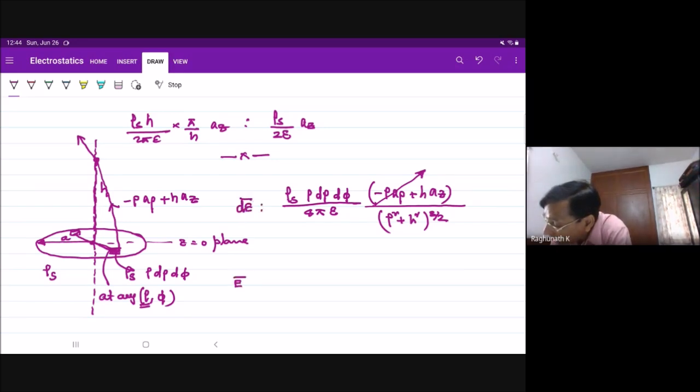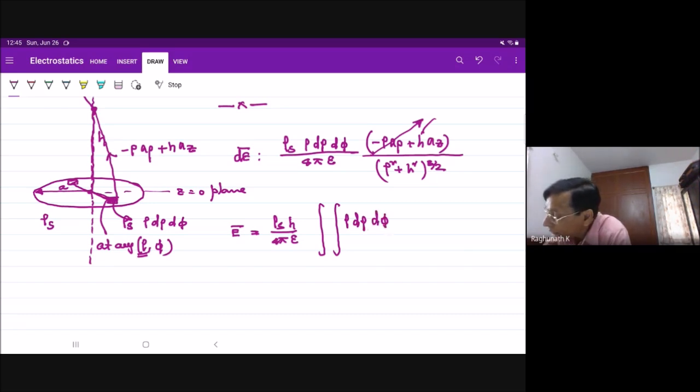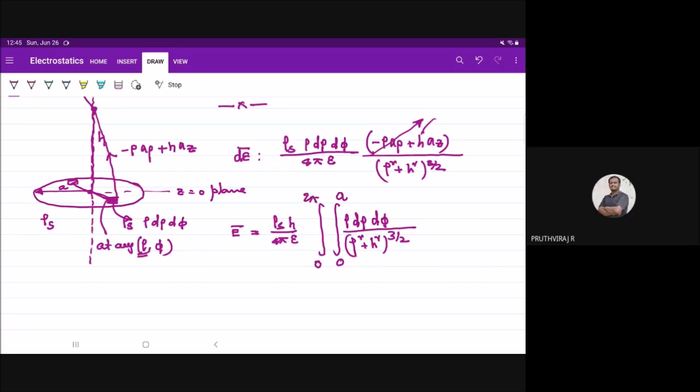E bar equal to what? Rho s by 4 pi epsilon, h also is there, integral rho d rho d phi divided by rho square plus h square whole power 3 by 2, rho from 0 to a, phi from 0 to 2 pi, a z.